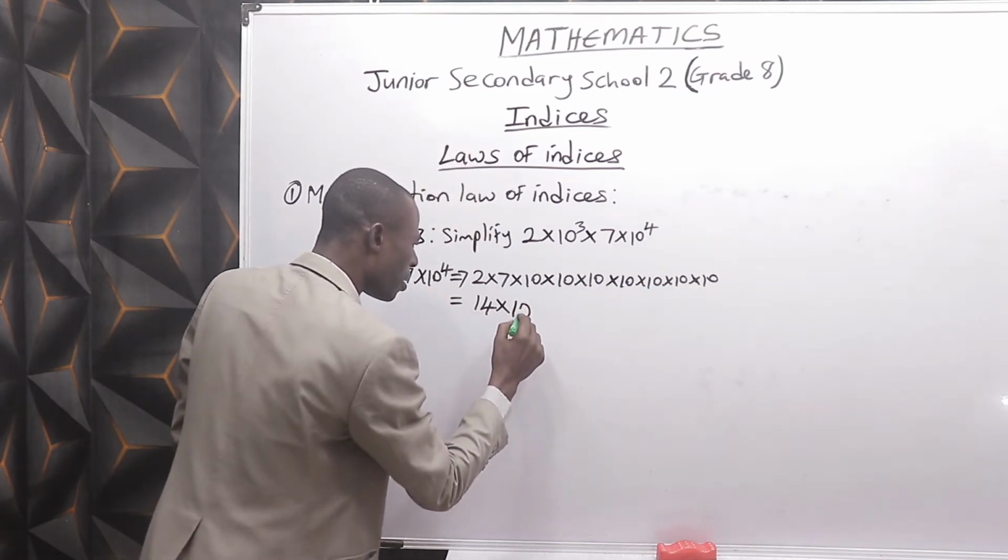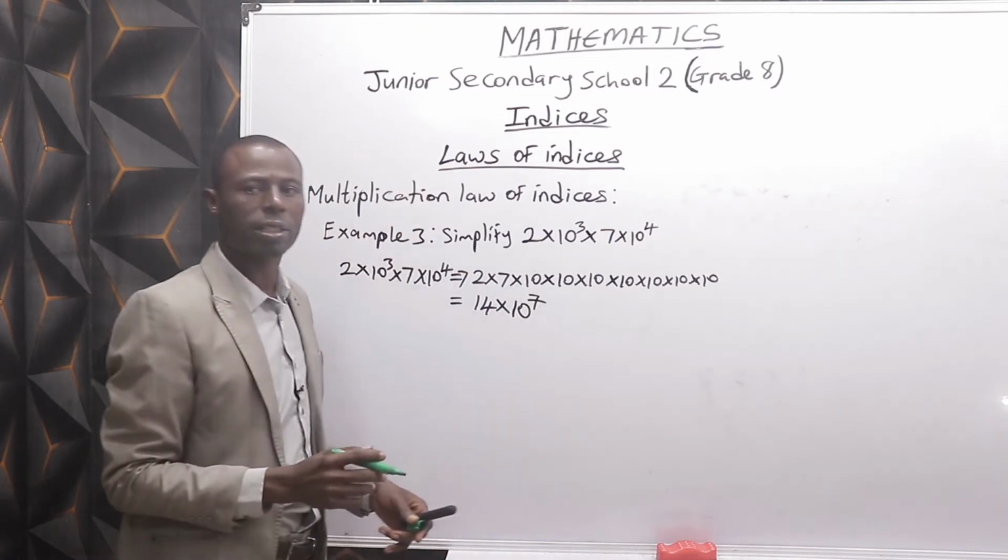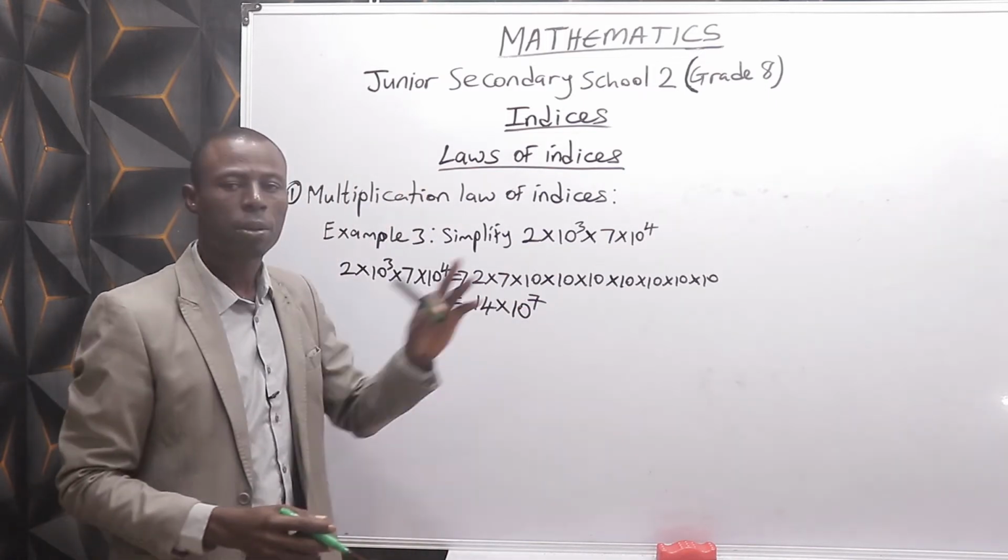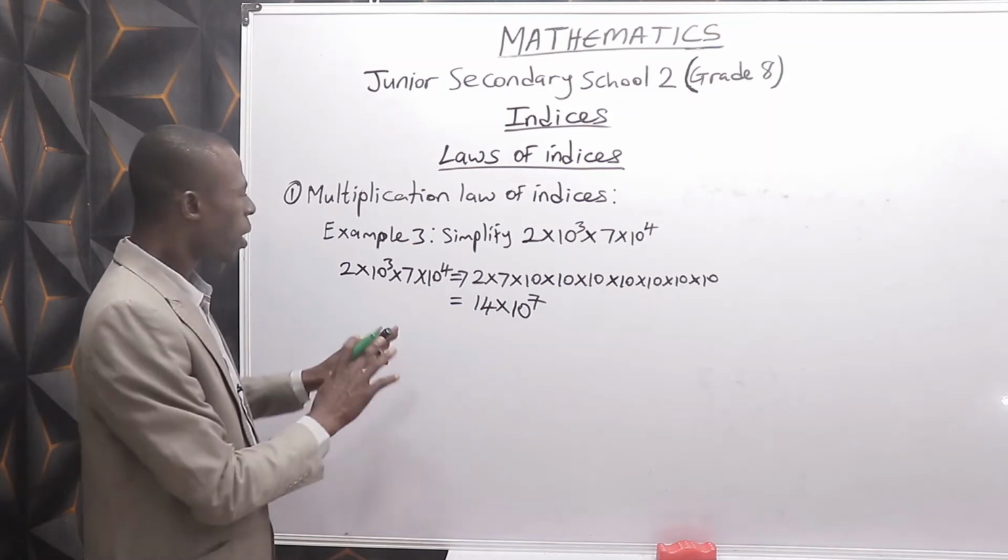You see, 10 raised to the power 7. That is 10 in 7 places. And that is all using expansion method.